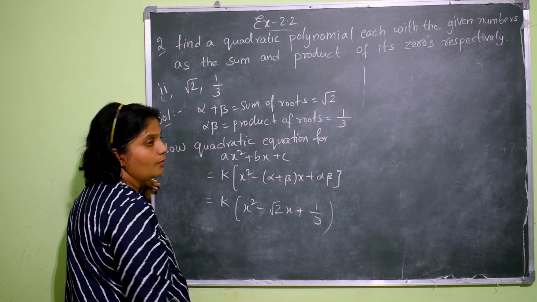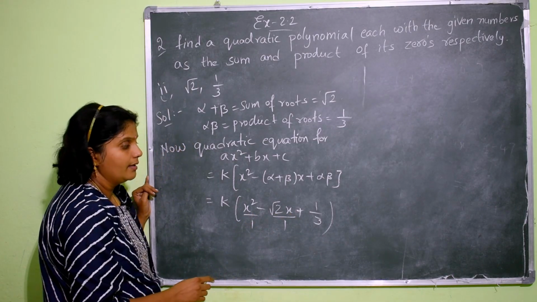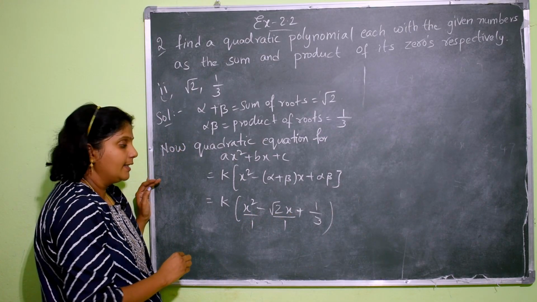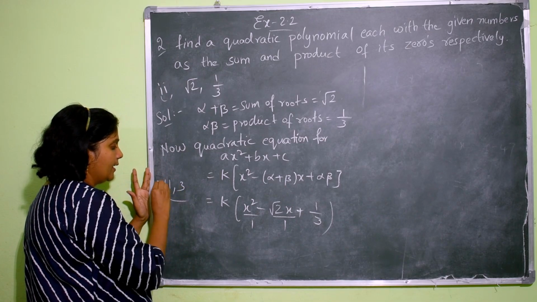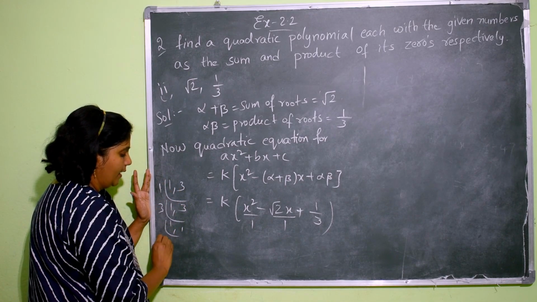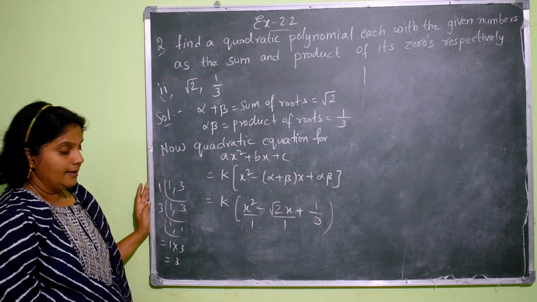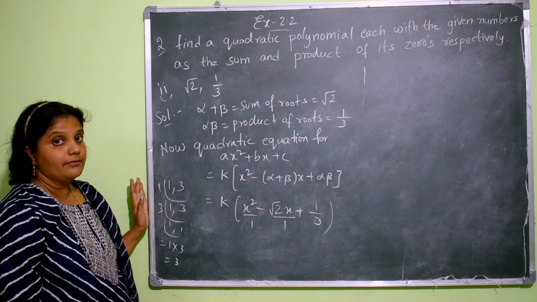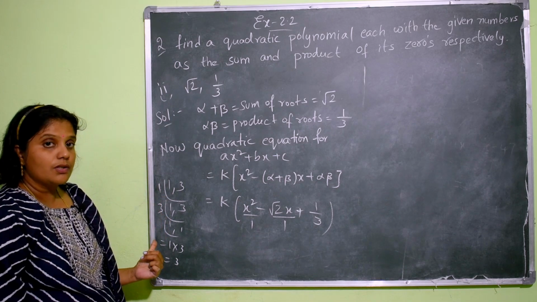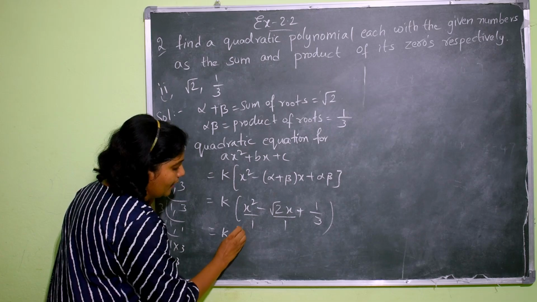Here in the denominator, 3 is there, and where there is no denominator, let us assume 1. What is the LCM for 1 and 3? 1 one is 1, 3 one is 3, so 1 into 3, that is 3. So LCM for 1 and 3 is 3. If you have doubt in taking LCM, let's have a glance at that. So 3.